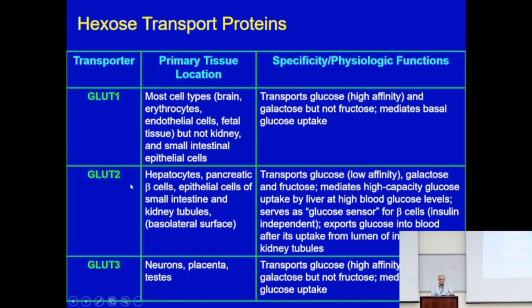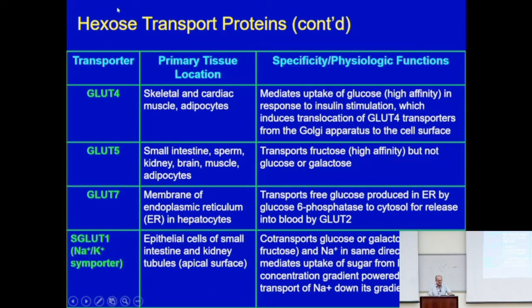It can transport the glucose into the cell or from the liver cells, from the hepatocytes into the bloodstream. Okay? So that's GLUT2. What you want to know is tissue distribution and that it is bidirectional. GLUT3 is in many ways similar to GLUT1. Also, it's more restricted primarily in neuronal tissues, the placenta and testes.